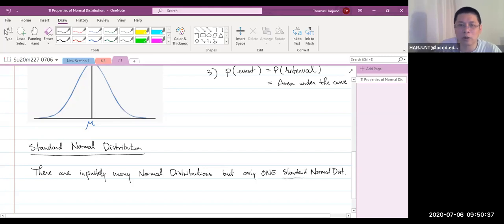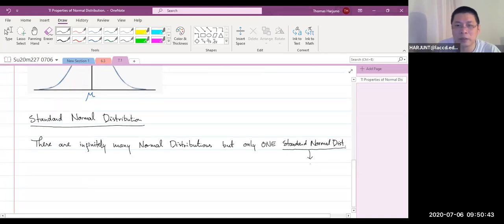Now, this standard normal distribution is so special that it has a special notation in probability and statistics. The random variable used is capital Z. Z is a random variable specially reserved for the standard normal distribution.